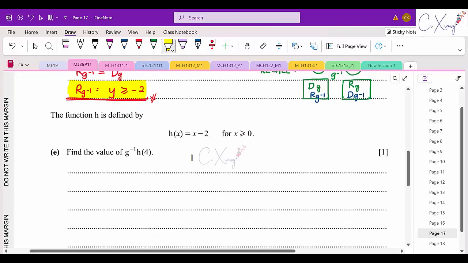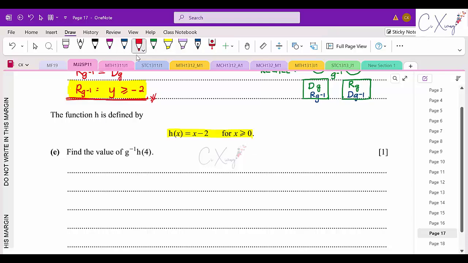Then let's continue further. For part E, now we are given a function h, where h(x) equals x minus 2. Find the value of G inverse h(4). So we need to substitute in the value. First, let us substitute 4 into the function h. So I will be having G inverse of h(4), which means you're having 4 minus 2, and now you're having G inverse 2.